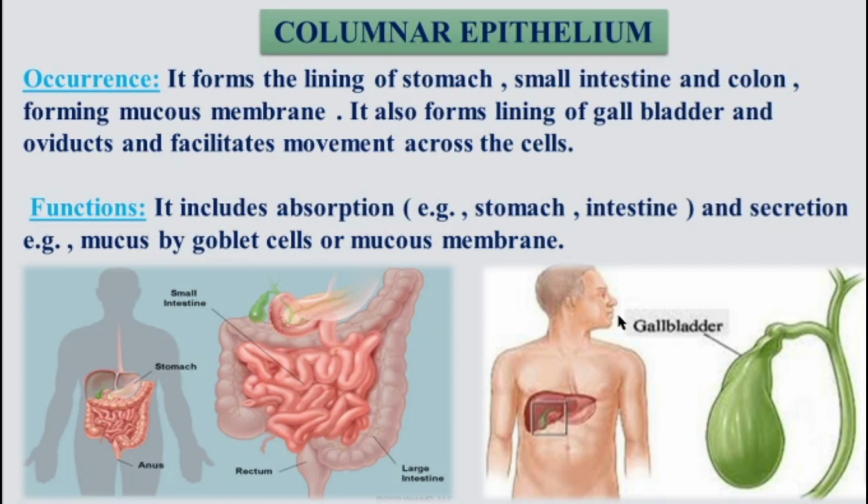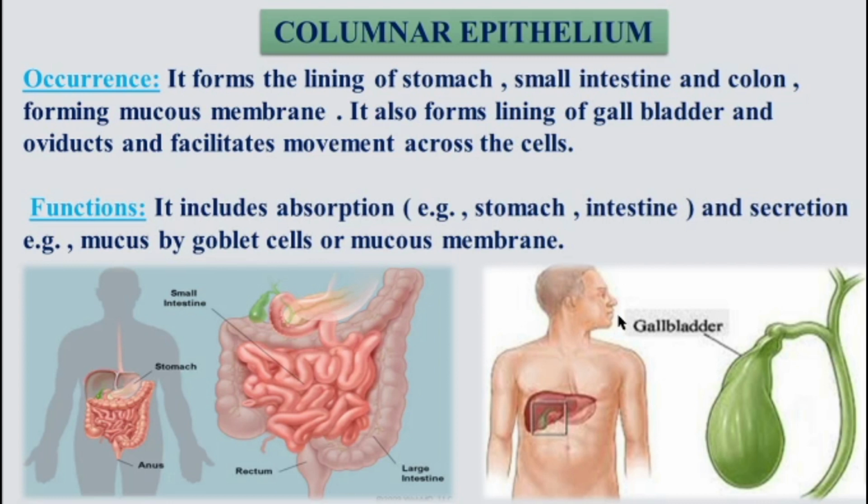So columnar epithelium lines the stomach, small intestine, and colon, forming the mucous membrane. It also forms the lining of the gallbladder, near the liver, and the oviducts, where filtrates move across the cells.